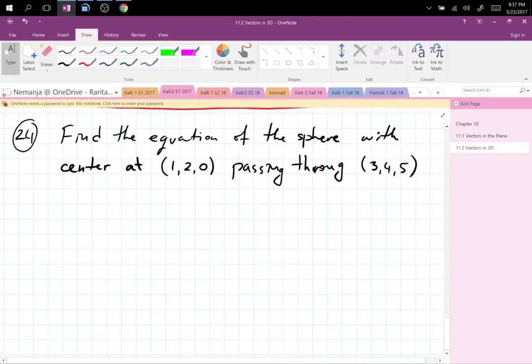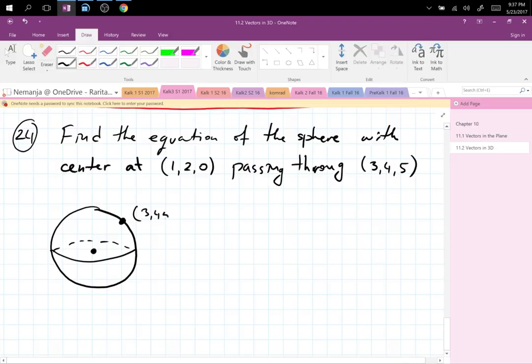All right, so let's go. I'm going to draw a sphere and the center, and at the edge of the sphere there's 3, 4, 5. So what I see here is that the distance between 1, 2, 0, which is the center, and 3, 4, 5, the distance is the radius. So I can figure out the distance between these two points using the distance formula.